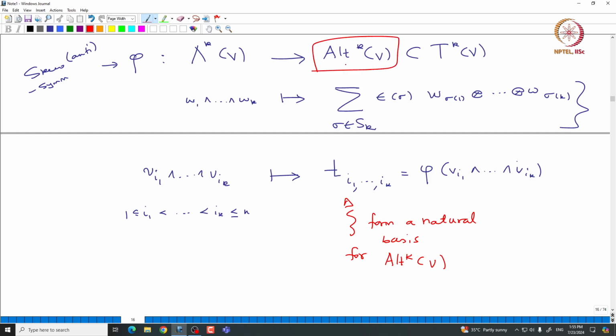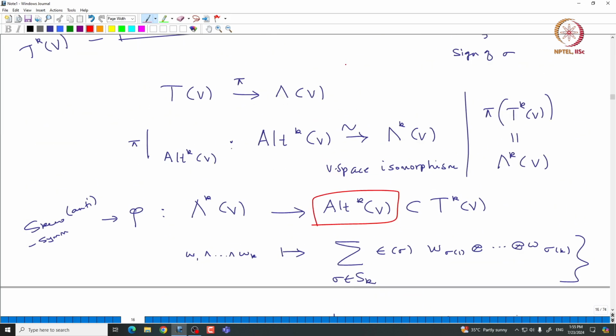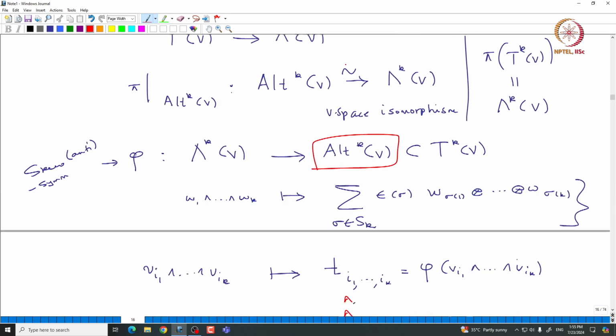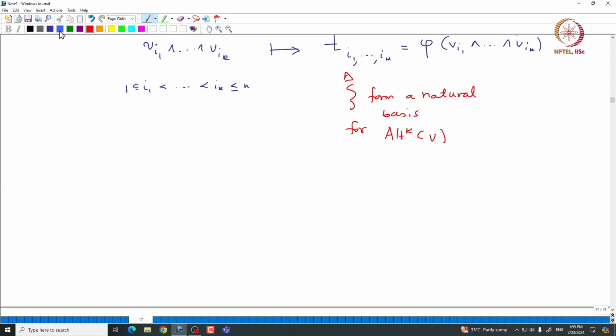Now it is not that hard to see that Alt^k V is a G-module if V is a G-module. So observe that if V is a G-module, then Alt^k V is also a G-module. Why is that true?